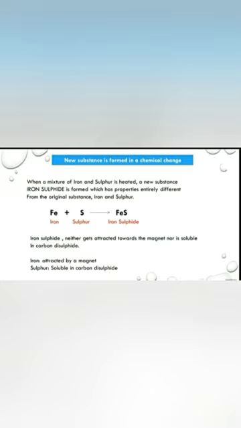So iron sulfide has different properties as compared to its reactants, that is iron and sulfur. How? Iron sulfide is neither attracted towards a magnet nor soluble in carbon disulfide, whereas its reactant iron is attracted by a magnet and sulfur is soluble in carbon disulfide.